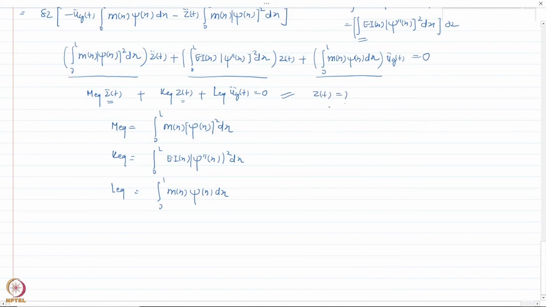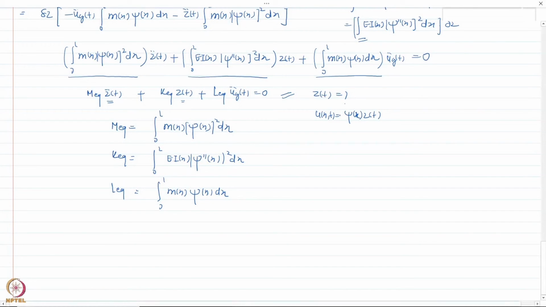Once I find z(t), which is the time variation of the response, I can multiply with phi(x), as I have told numerous times before, to get my u(x,t). So the displacement of each and every point on that continuous system as a function of time.